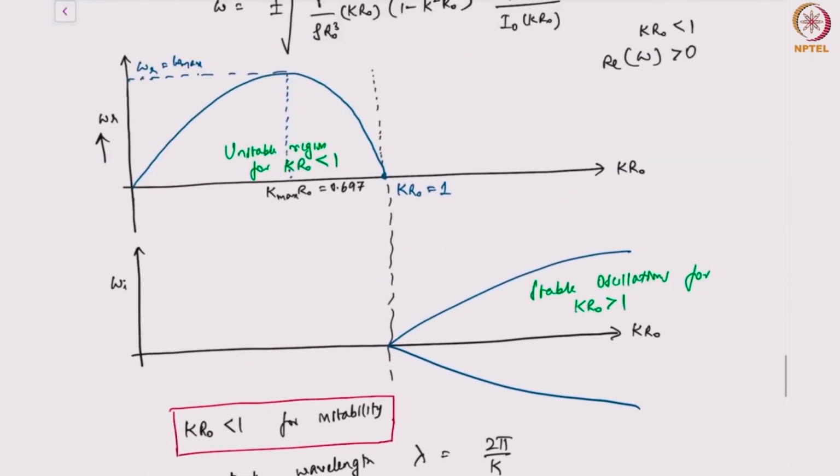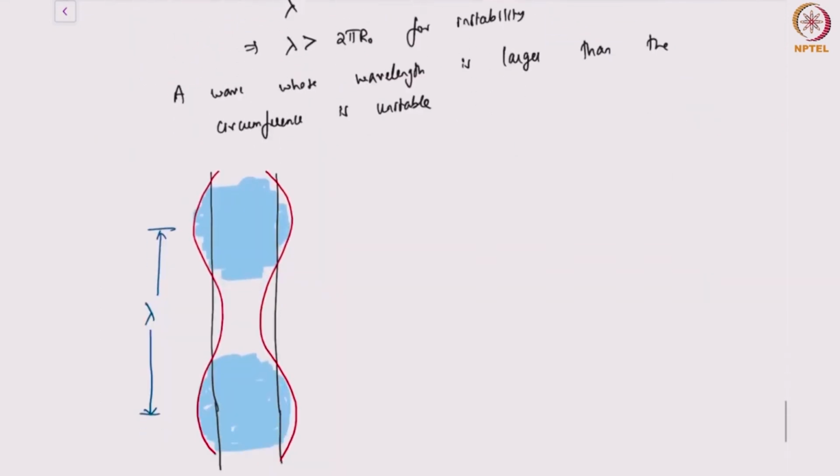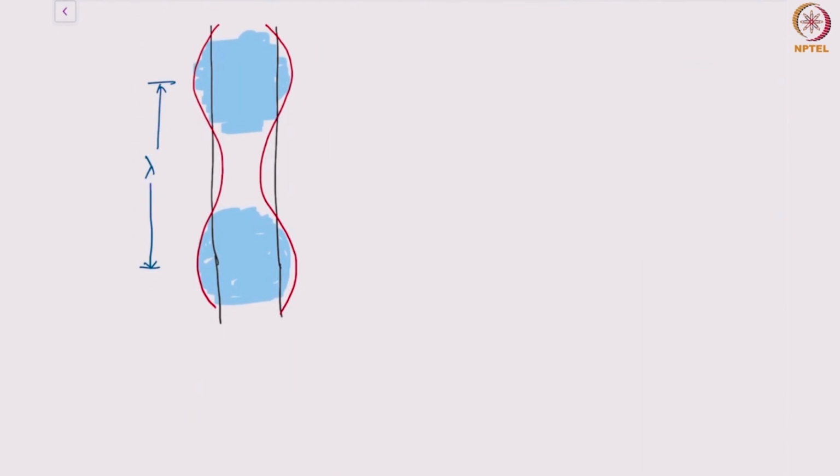Then you can precisely test out this dispersion relation, and this has been confirmed through rigorous experiments by several scientists. You can also ask, if I let this disturbance grow on its own, how long would it take to rupture? You can make a rough estimate of the rupture time.